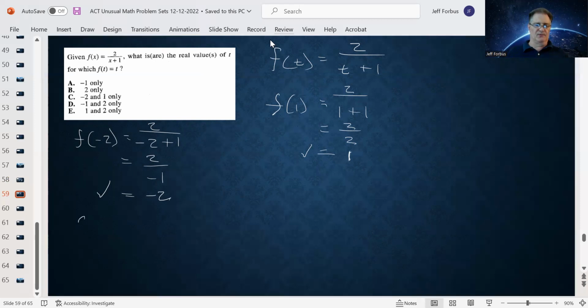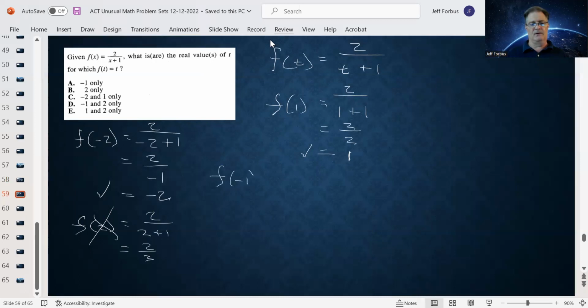Well, what about 2? F of 2, positive 2. 2 divided by 2 plus 1. That's 2/3. So 2/3 is not the same as t. So that doesn't work. Well, what about -1? Well, let's test -1 right here.